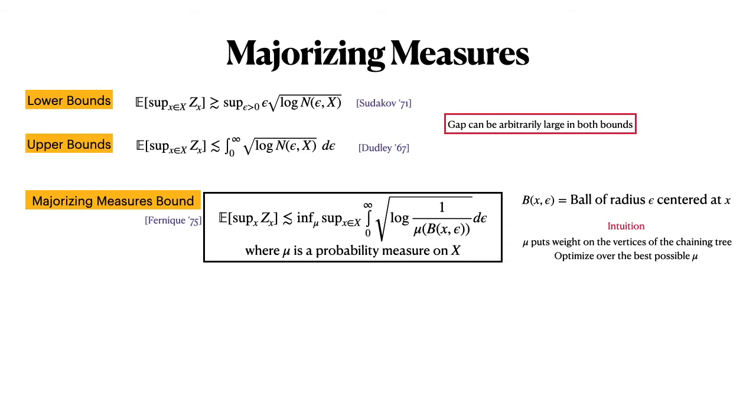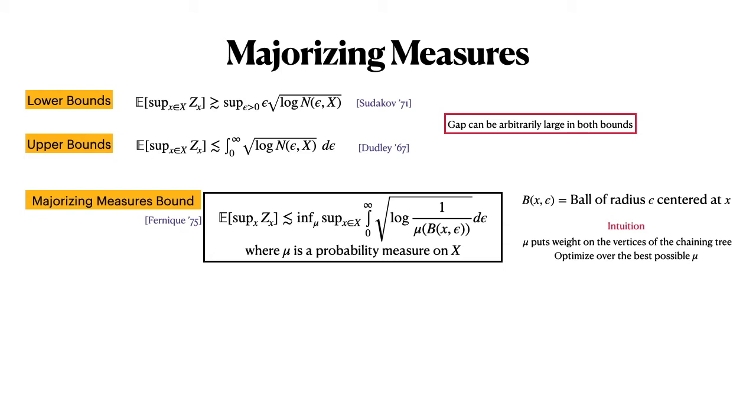This is exactly what majorizing measures tries to do. If the ball of radius epsilon around x has very large mass, then that point x should be more important. And in the end, you just choose the best possible probability measure that you can choose. So this is the intuition behind majorizing measures.